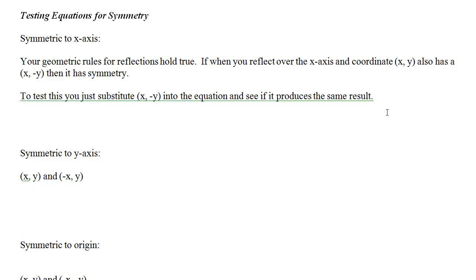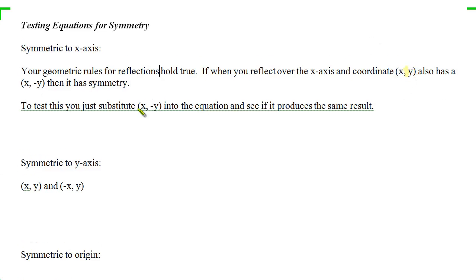And those hold true if, when you reflect over the x-axis, the coordinate (x, y) also has a pairing of (x, negative y). So again, what's really changed here is the sign of y, then it has symmetry. And the test is that I can simply flip the sign of y, plug it back into the equation, and if it still checks, if you're still producing the same result, then that is symmetric about the x-axis. And we'll look through some examples here shortly.